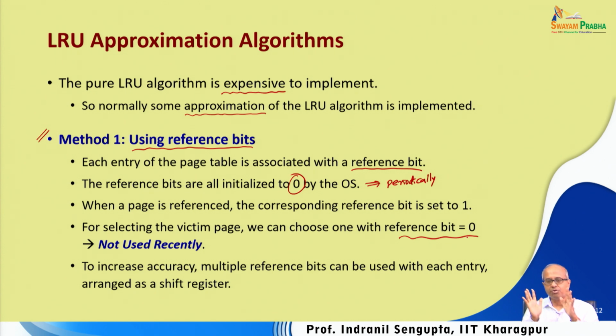You are not calling them least recently used, but rather not recently used, because the pages which are used recently have their reference bit set to 1. Now, to increase accuracy, instead of a single reference bit, you can have multiple reference bits with each page table entry.